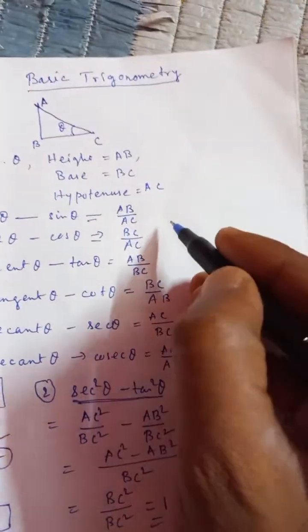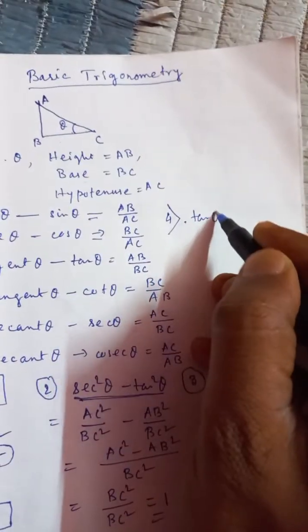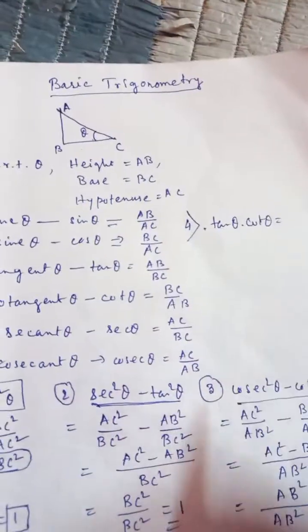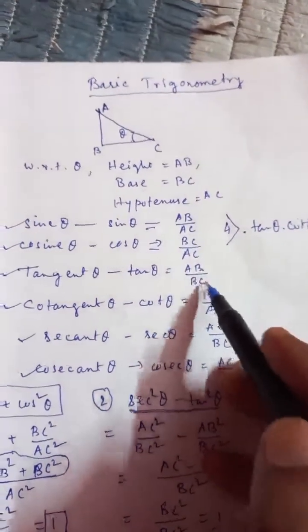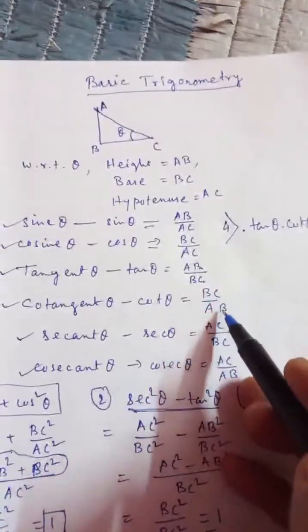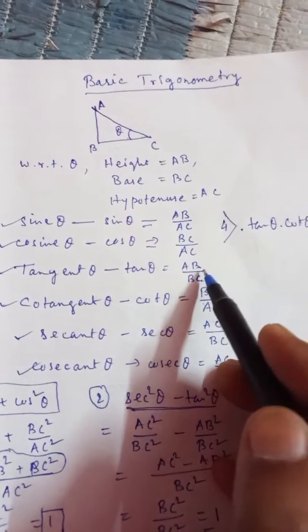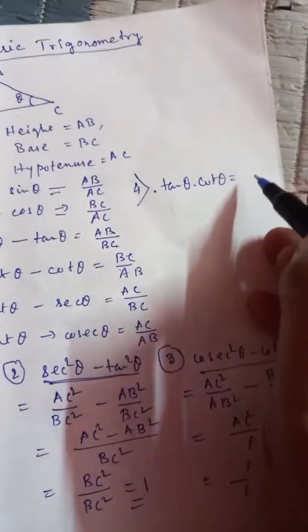Now if we verify, what will be tan theta multiply cot theta? So tan theta is given AB by BC and cot theta is given BC by AB. If we multiply both these, BC cancels each other, AB cancels each other, we will get just 1.